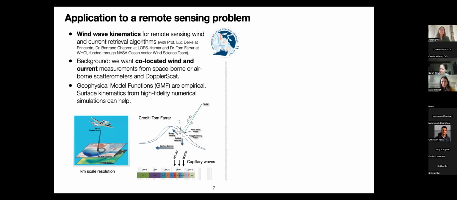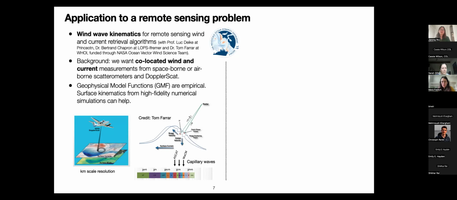When we want to measure these wind and current, because of the electromagnetic wavelengths of these scatterometers and Doppler scat, they resonate with actually the capillary range of ocean surface waves.